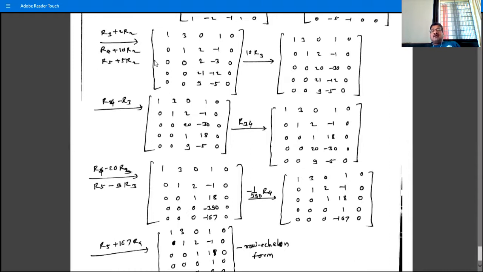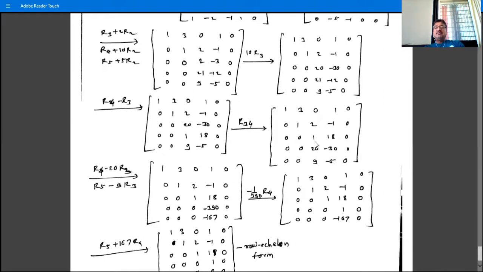Or in one step, we can obtain 1 here by using the operation 1/3 R3. We have 1 here, but we have a fractional number, and if a fractional number is there, then further calculation becomes somewhat lengthy or tough. So as far as possible, avoid fractional numbers while reducing the matrix to row echelon form.